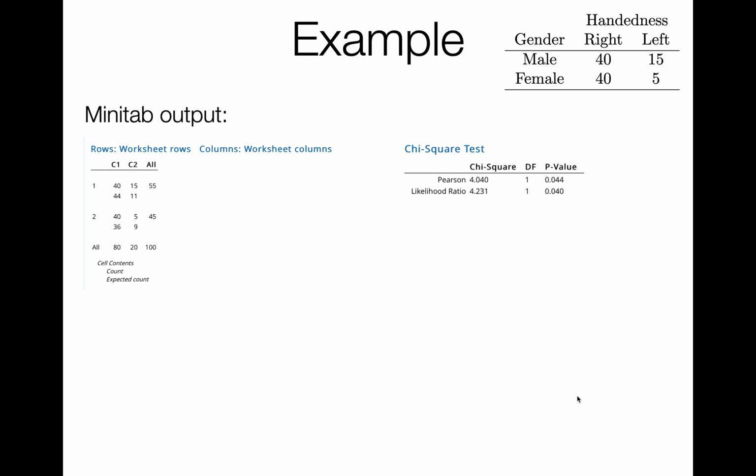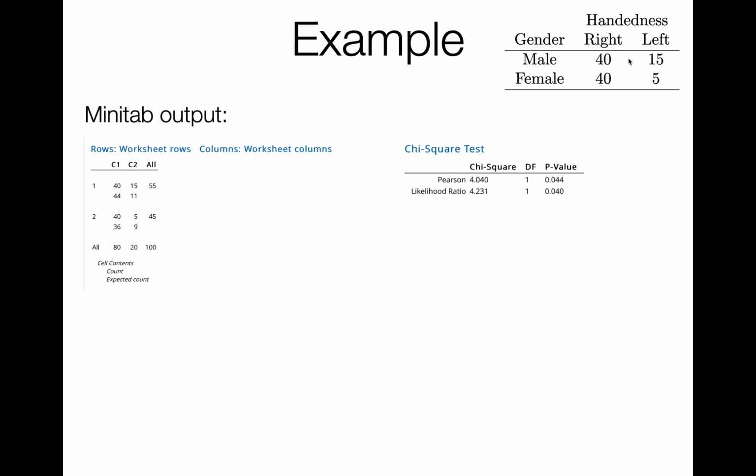So here is what the Minitab output looks like. Why am I showing you this? Well, first, it gives you the actual test statistic value and the p-value, so it's helpful. Also, it tells me the expected cell counts for this example. If you look over here at the actual table, you'll see 40, 15, 40, and 5.